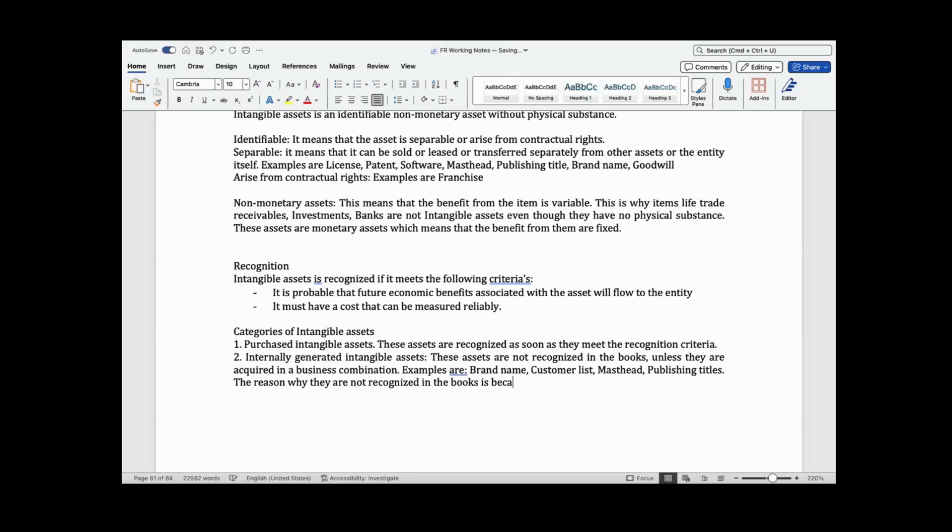is because we cannot reliably measure the cost of the assets. We cannot reliably measure the cost of the assets.